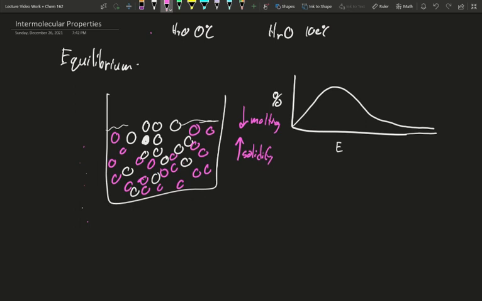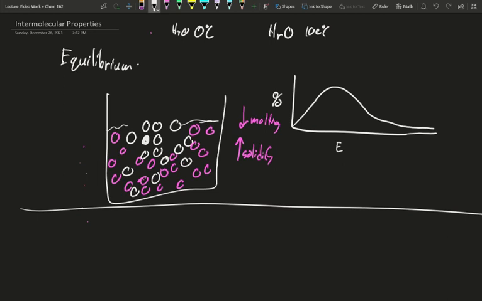So at 0 degrees Celsius, we have this exchange between the solid and the liquid. Well, this is also true at 100 degrees Celsius. If I had a container and it had some liquid water in it, and I had some gaseous water, well, they are all bouncing around. But every once in a while, one of those gaseous water particles can just get stuck back in the liquid.